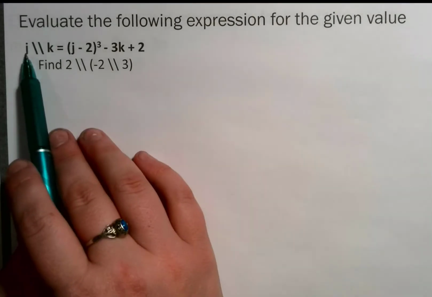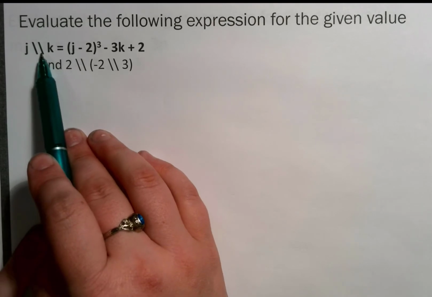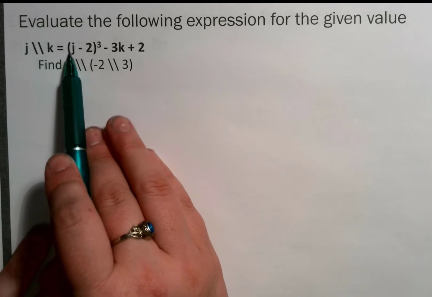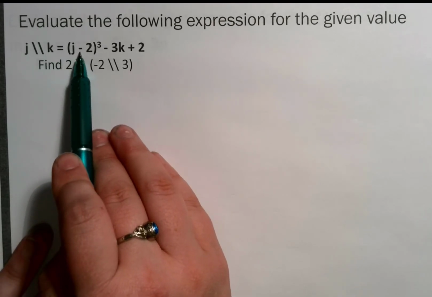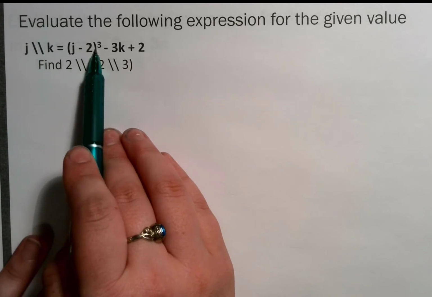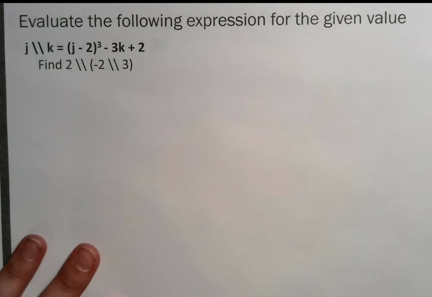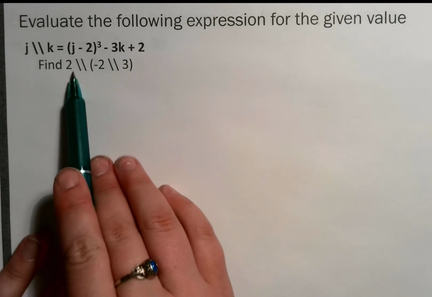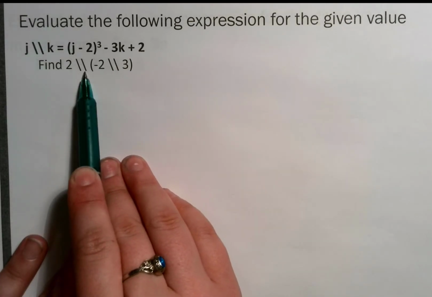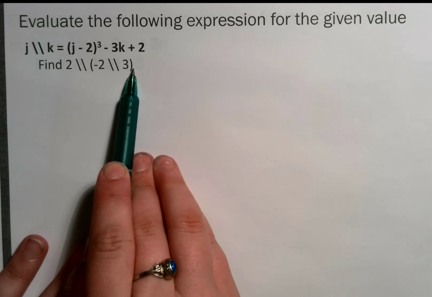So this one here says J \\ K is equal to J minus 2 cubed minus 3K plus 2. And then I've got 2 \\ (negative 2 \\ 3).